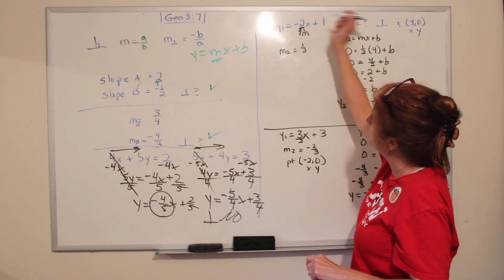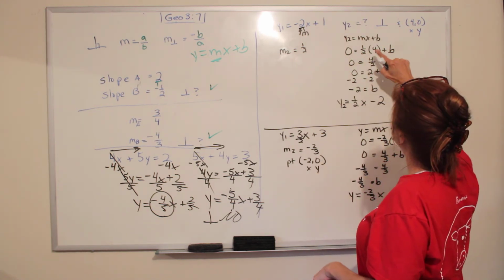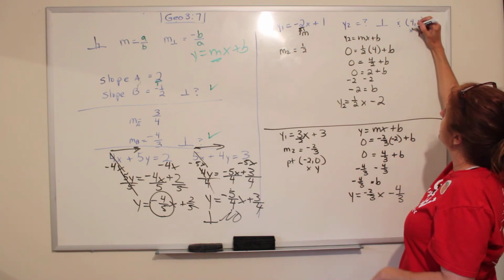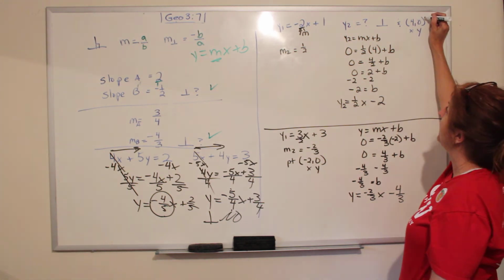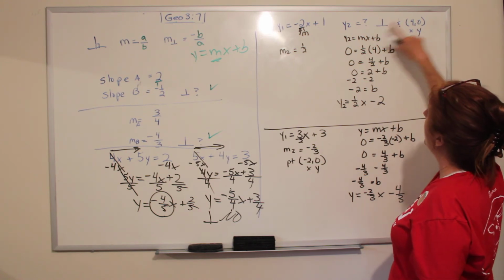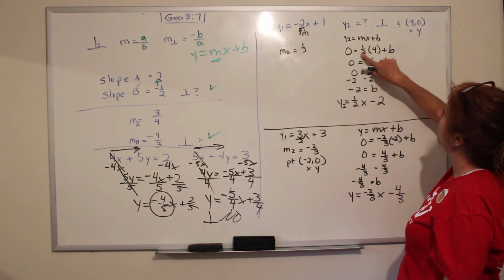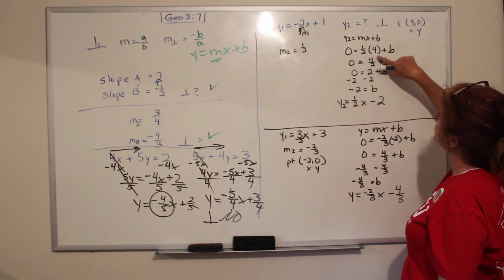So there's an understood 1 under there, so when we flip it, it's +1/2. We're given this point, so that's an x and that's a y, and we substitute everything into our formula. y is 0, slope is 1/2, and x is 4.